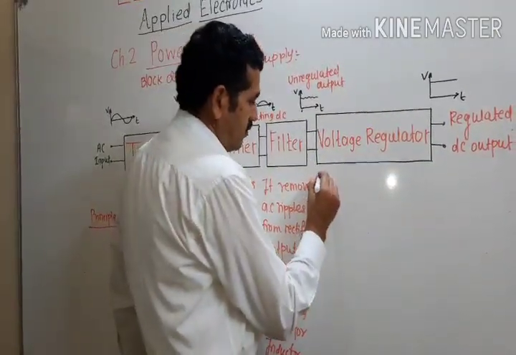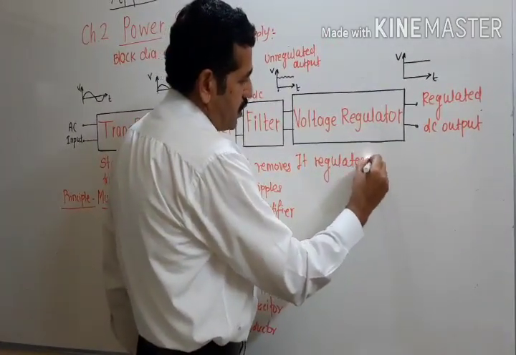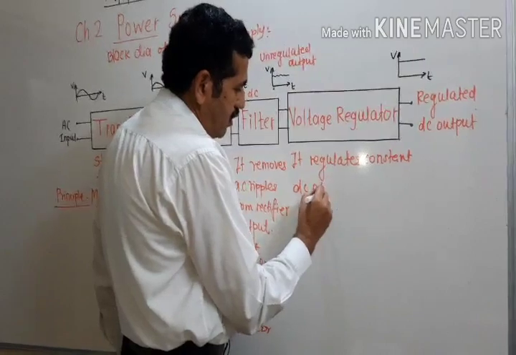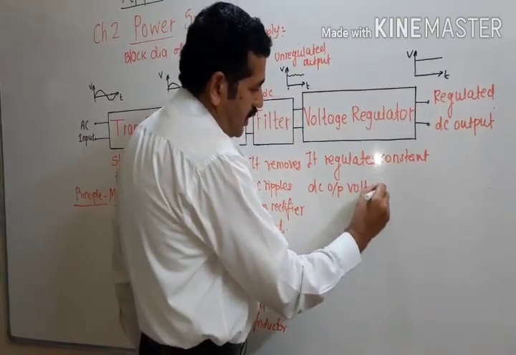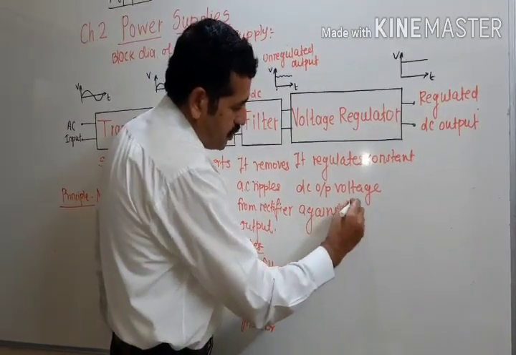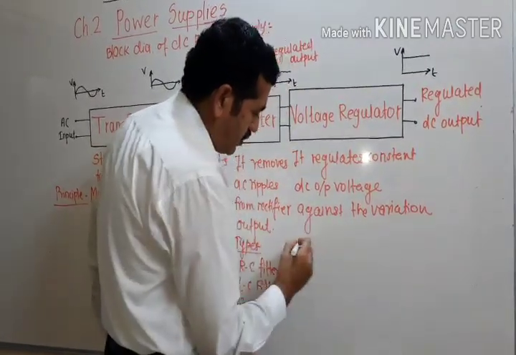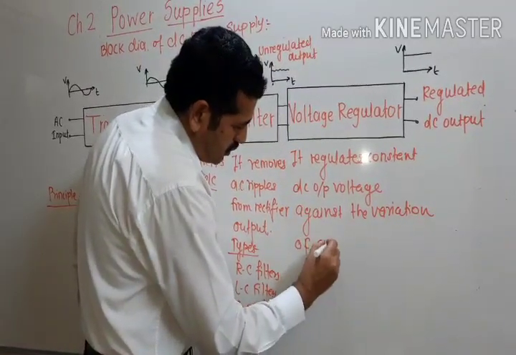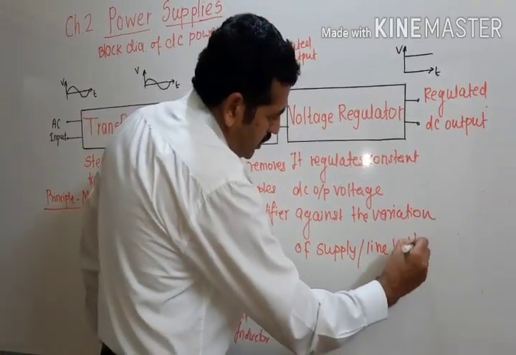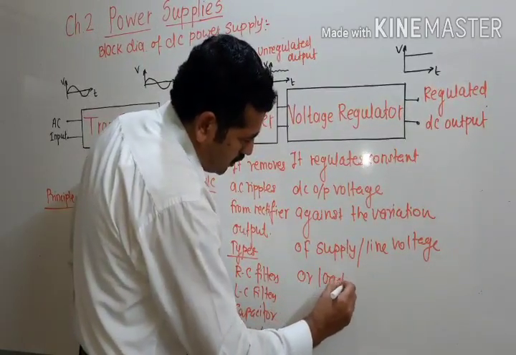So the voltage regulator regulates constant DC output voltage against the variation of supply, that is line voltage, or load current.